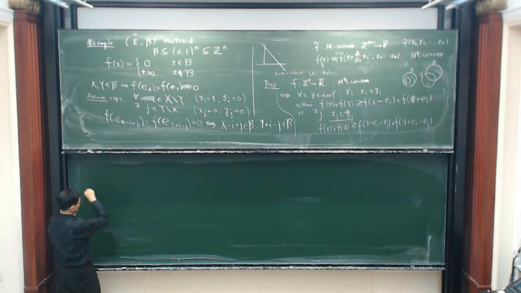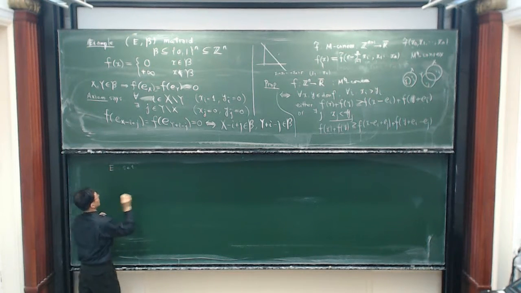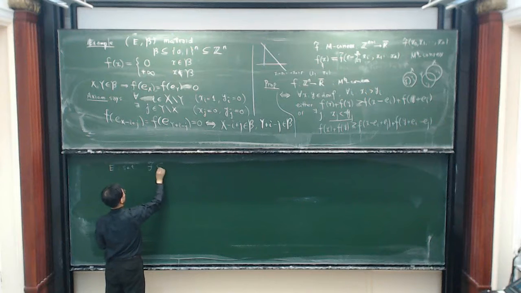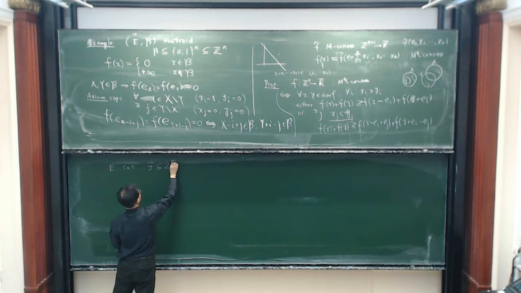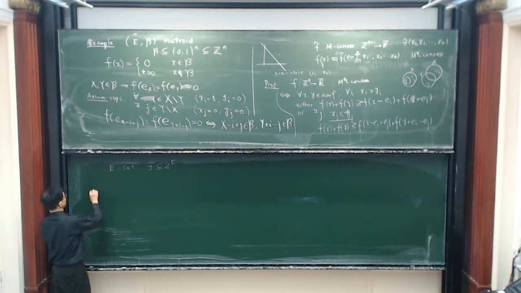So the statement is the following. Suppose we have a set E and a family F of subsets. So we have E here, and we have a bunch of members.